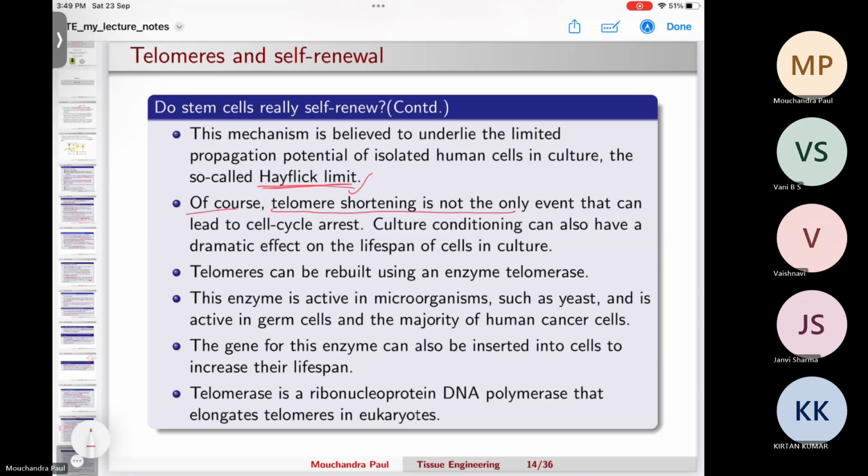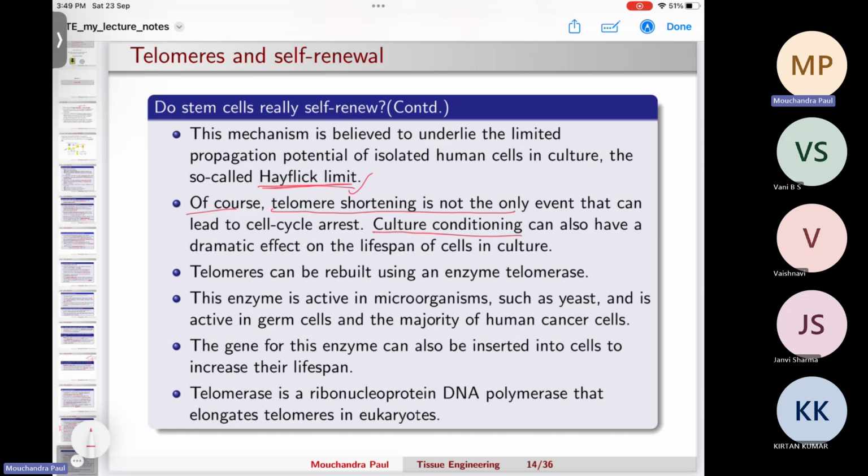Okay, so culture conditions means here I'm talking about in vitro, not in vivo. In vitro, if we give correct culture conditions, then we can actually have either a positive effect or a negative effect. That is how people have established continuous cell lines.